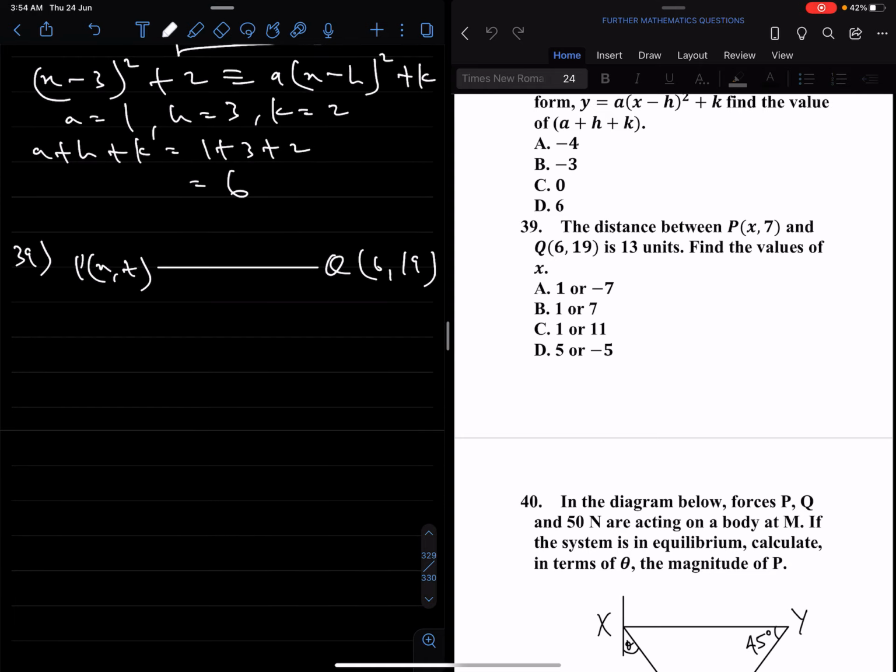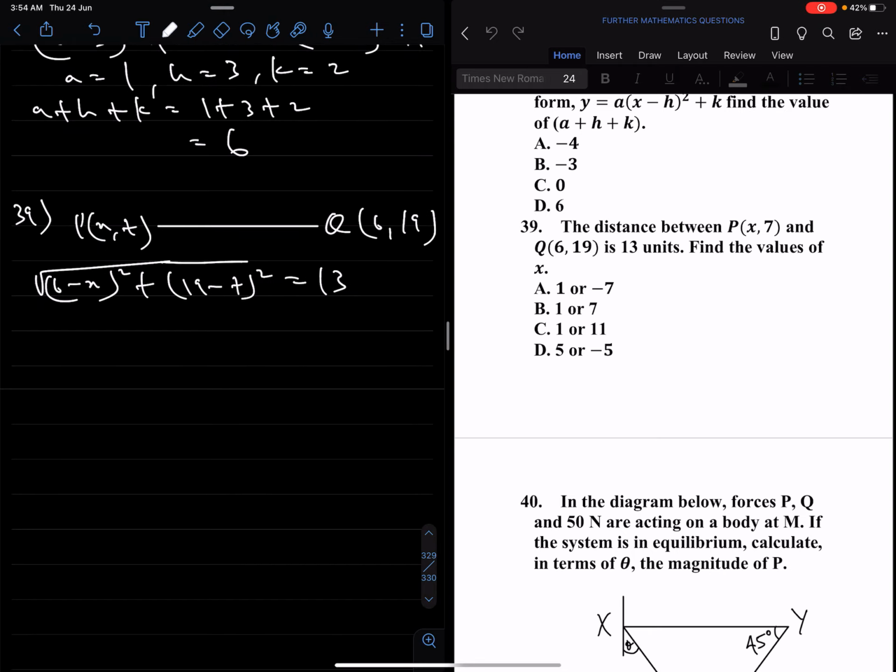That simply means the square root of (6 minus x) squared plus (19 minus 7) squared equals 13. If we square both sides, then we have (6 minus x) squared plus (19 minus 7) squared equals 13 squared.